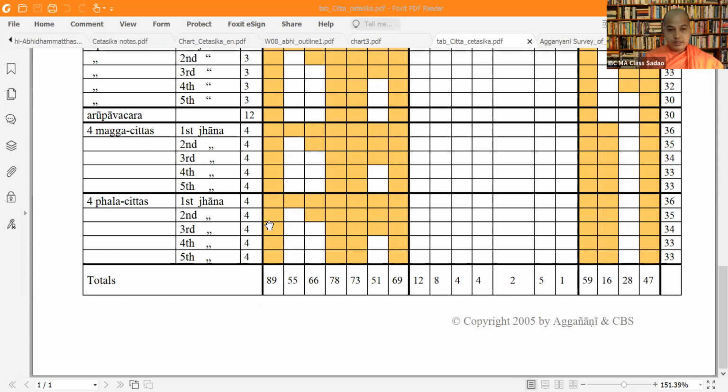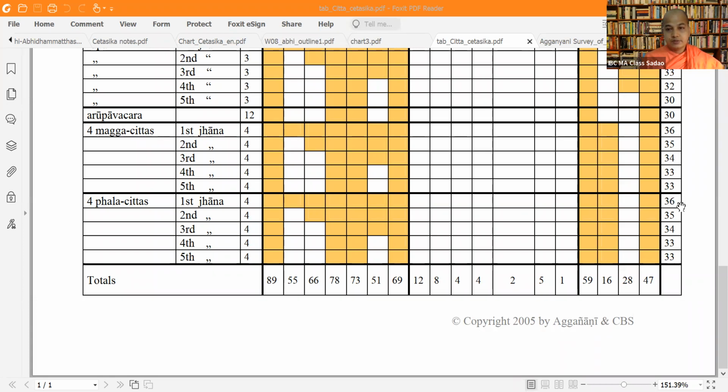And now if you look at the Phala chittas, in the first jhana Phala chitta you have 7 universals, Vitakka, Vichara, Adimukha, Viriya, Piti, Chanda, and then 19 Sobhana universals, 3 Virati, and Panya, so 36 in number.